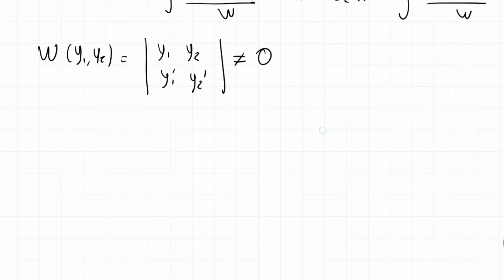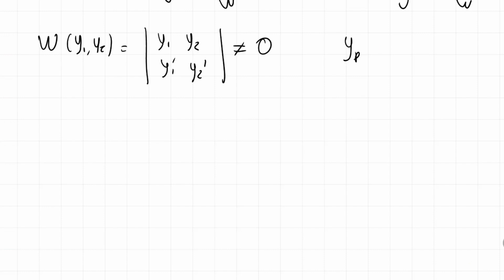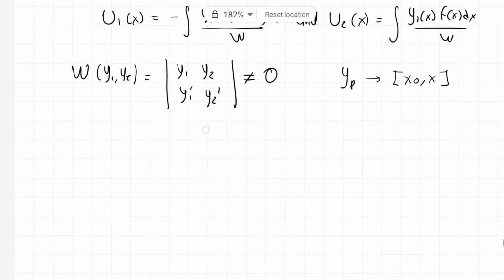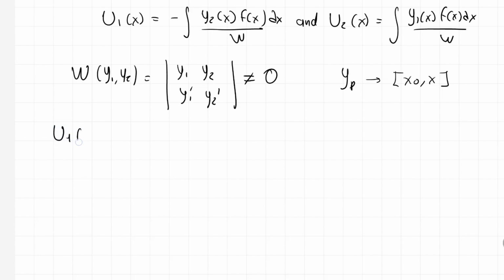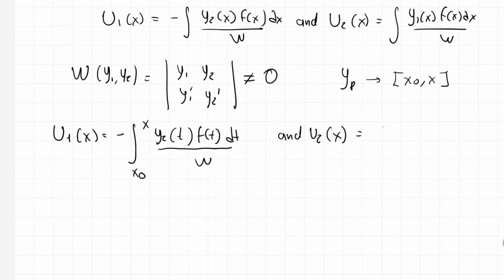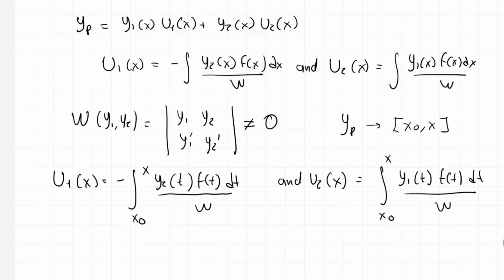To be more specific, we are going to find a solution yp that will be valid on the interval x0 to x. So we rewrite this as u1 of x equals negative the integral from x0 to x of y2 of t f of t dt over w, and u2 of x is equal to the integral from x0 to x of y1 of t f of t dt over w.